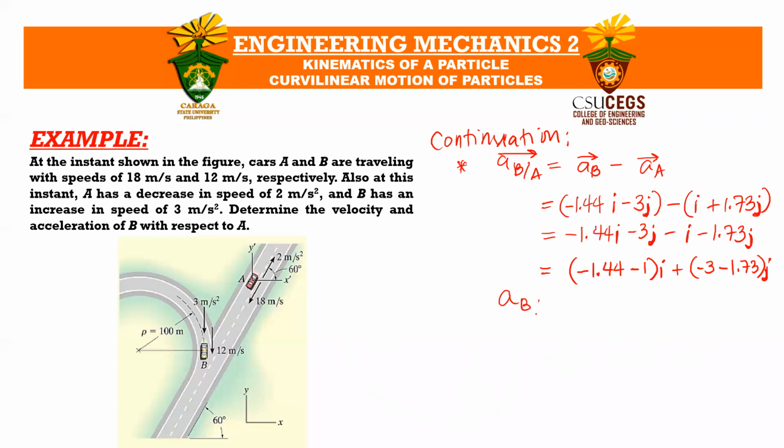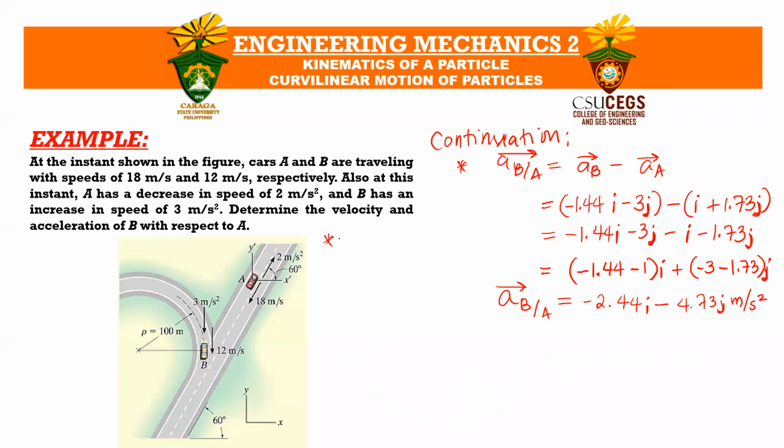Therefore, the acceleration of B with respect to A in vector form is equal to negative 2.44i minus 4.73j meters per second squared.